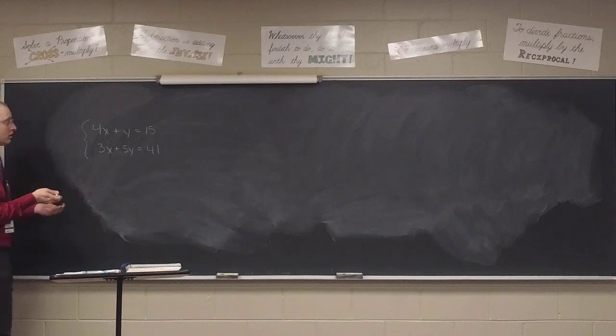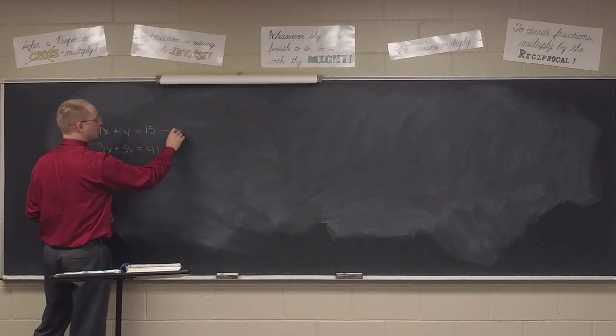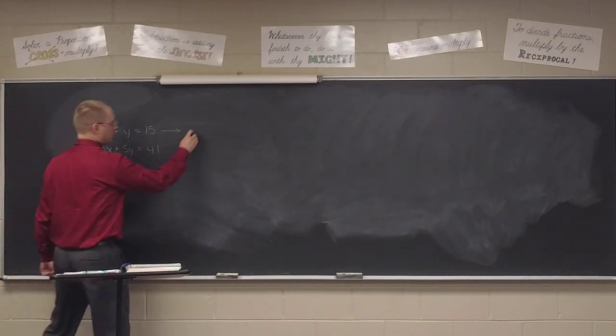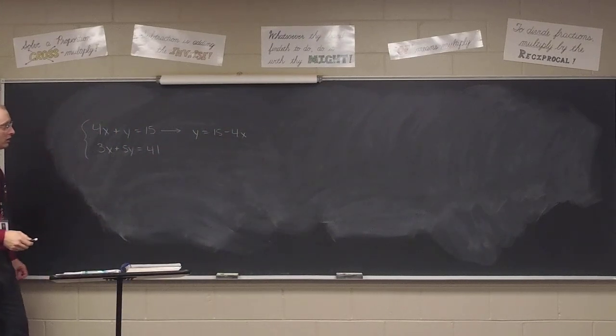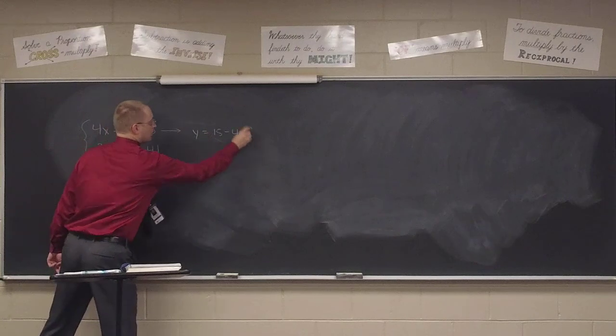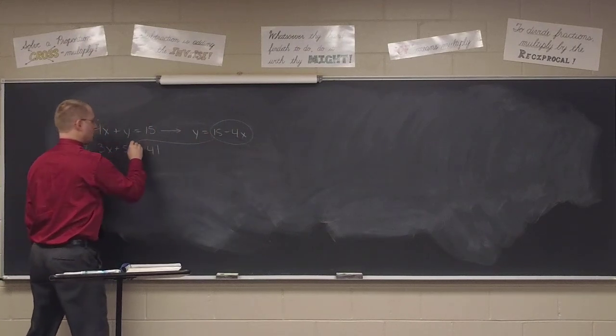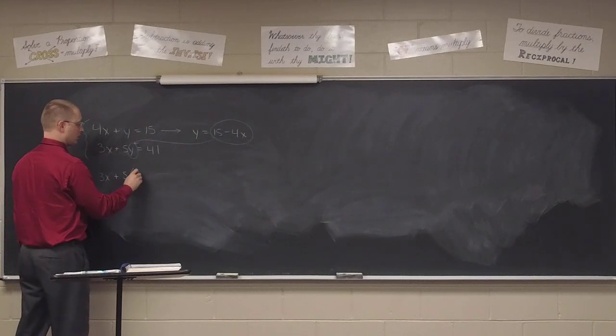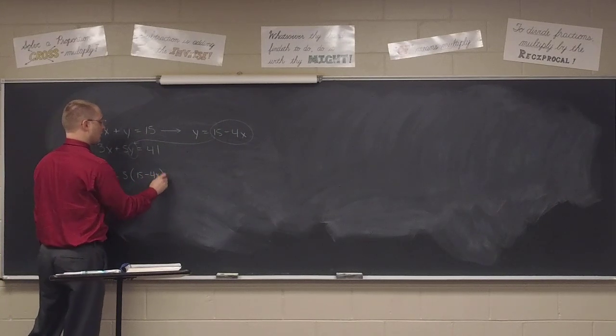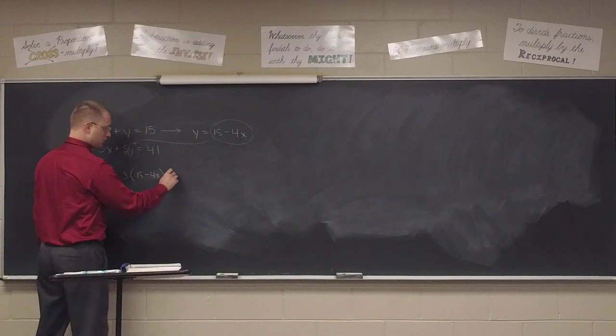Get the y by itself. Okay. Top equation. The y equals 15 negative 4x. Good. And then you will plug that in for the y in the bottom equation. Good. Get 3x plus 5 times 15 negative 4x equals 41. Good.